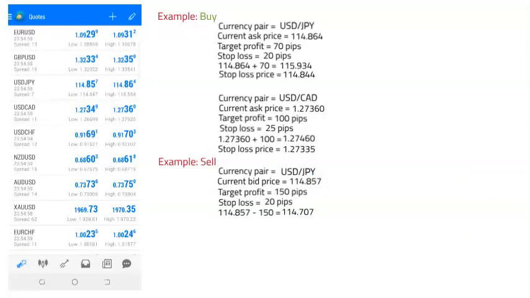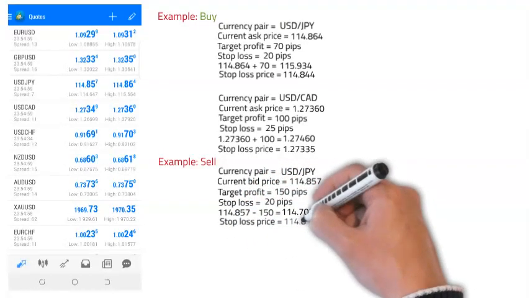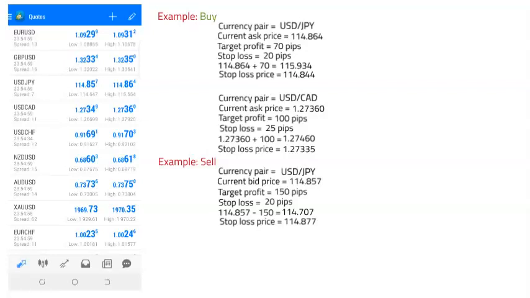That is after subtracting 150 pips from that current bid price because I am selling, while my stop loss would be at 114.877 after adding 20 pips to the current bid price of 114.857. Notice that I am using bid price here and not the ask because we are selling.